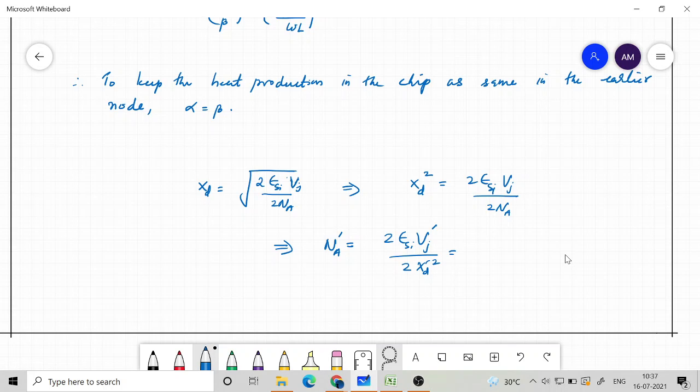The material constants don't matter, and Vj is scaled by beta, and I have xd scaled by alpha. So 2 epsilon silicon, Vj divided by xd square.